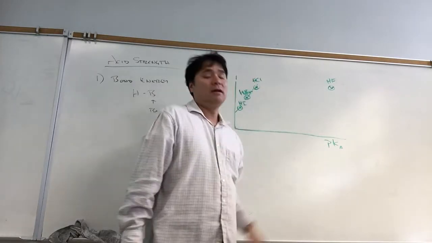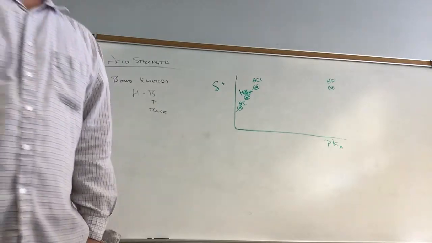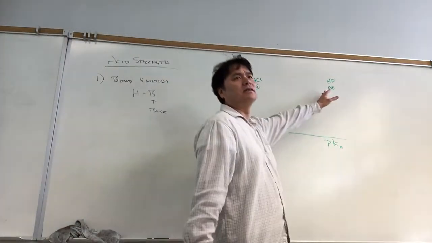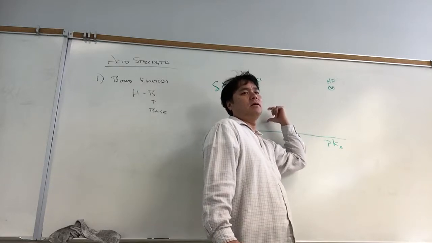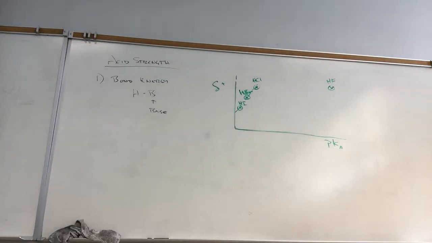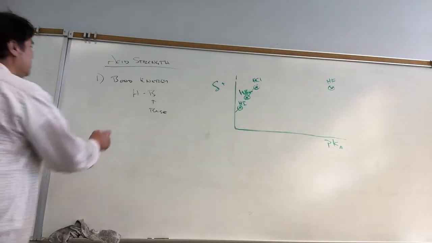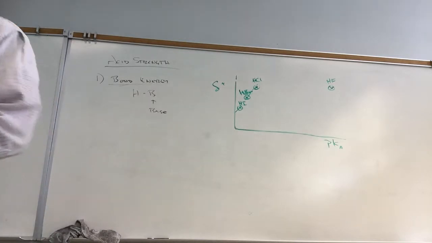When you're looking at the delta plus on hydrogen, you would think HF is the strongest acid, followed by HCl, HBr, HI. But the reverse is the case because the number one factor in dictating acid strength is bond energy. How easy is it to pluck off that hydrogen?